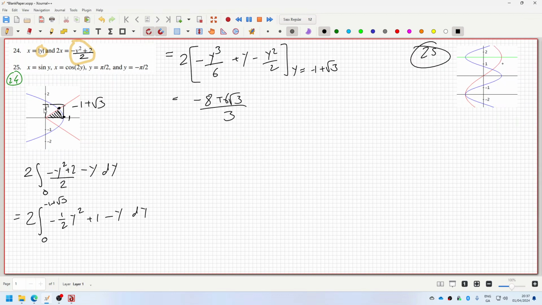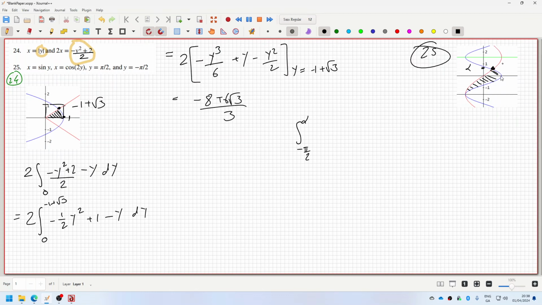Okay. So let's start here. This looks really similar to the one we got earlier. Okay, so it's the integration from minus pi over 2 to this value here, which I'll just call for the moment alpha.